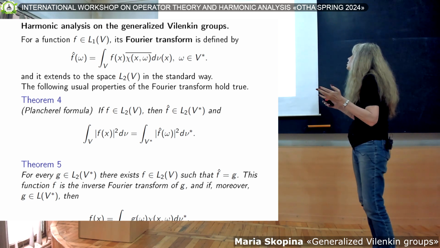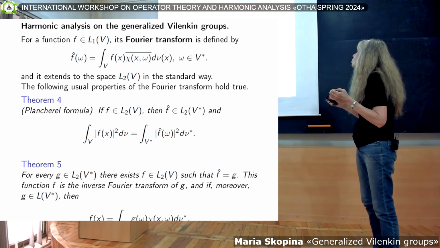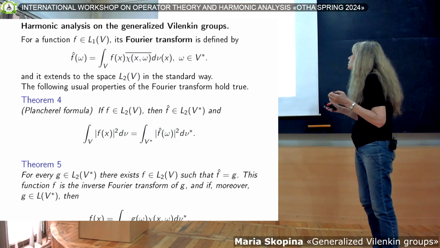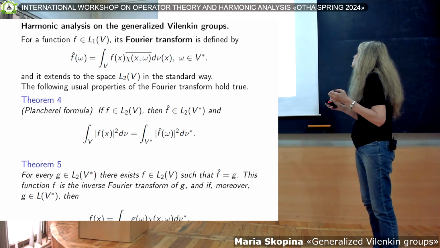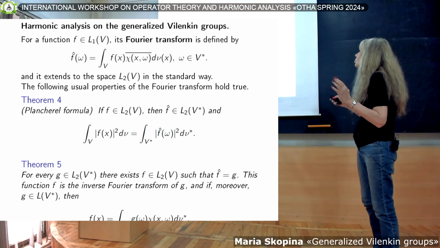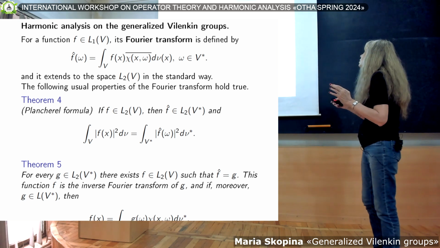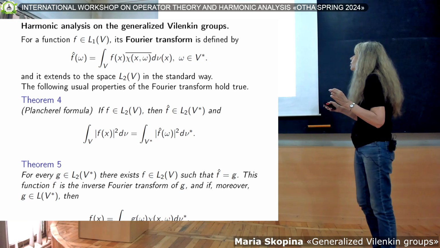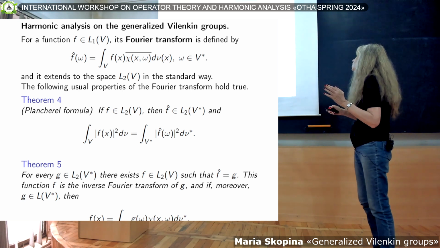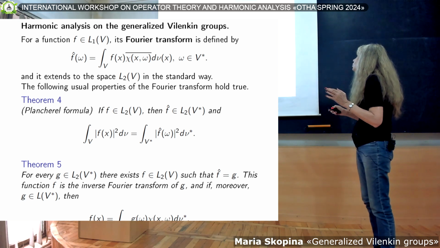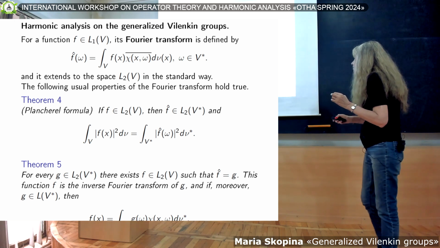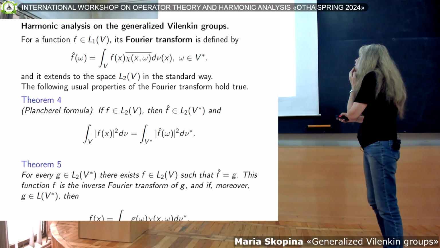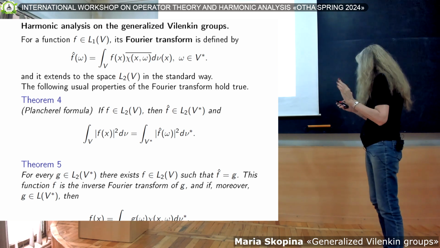This is for any topological group, here with our characters, and it extends to L2 in a standard way. Then, of course, we have the Plancherel formula and the formula for the inverse Fourier transform.